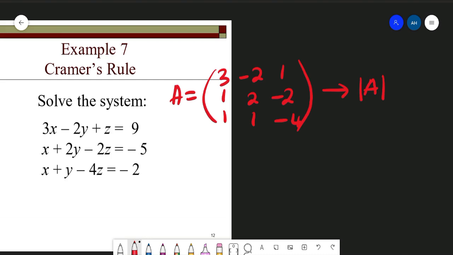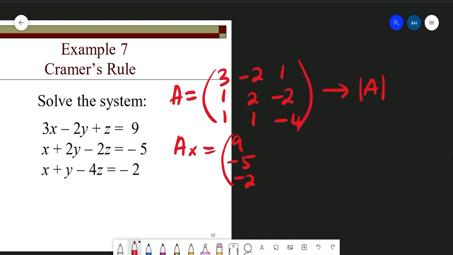The same thing for matrix AX. First we write down matrix AX, not the determinant yet. Matrix AX is equal to: we replace the first column, 3, 1, 1, by the right hand side: 9, negative 5, and negative 2.